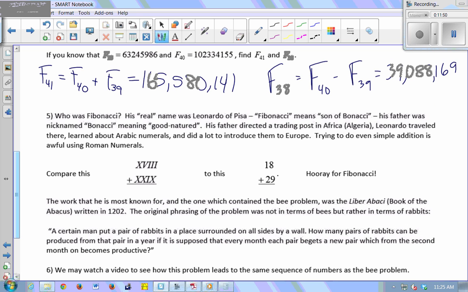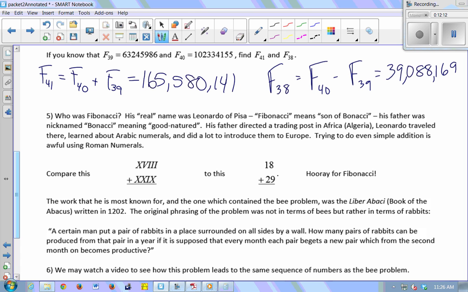So we call these numbers the Fibonacci numbers because they are named after a mathematician. He also was a philosopher and a merchant and all kinds of things, but he's a mathematician, and he lived around the year 1200.